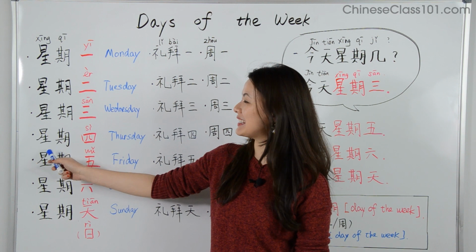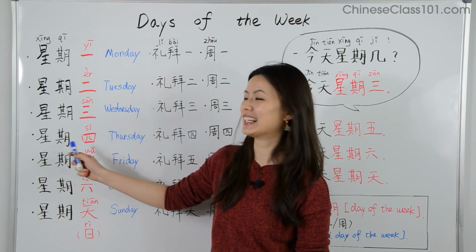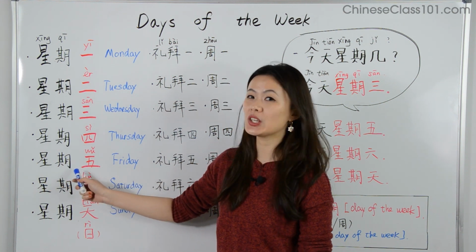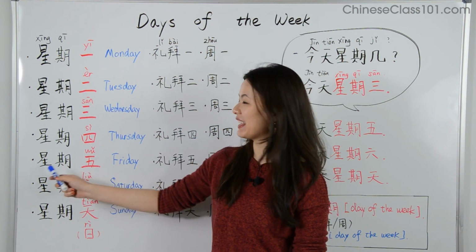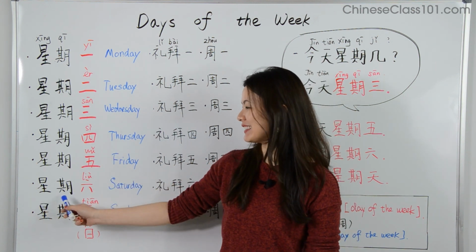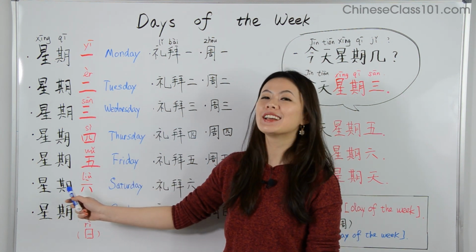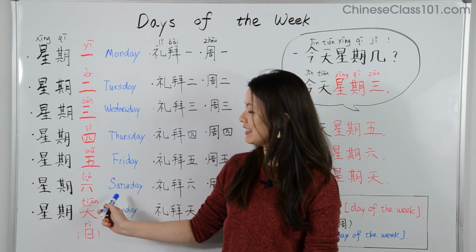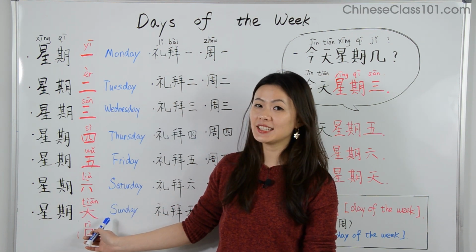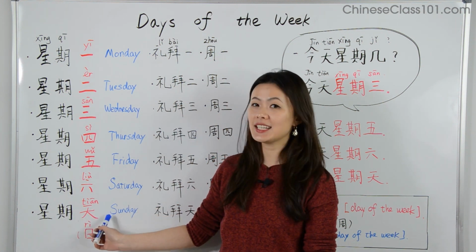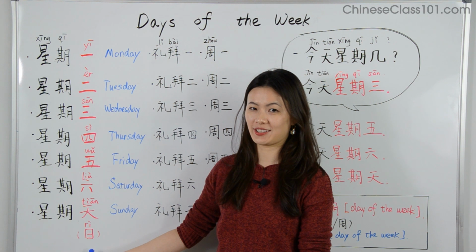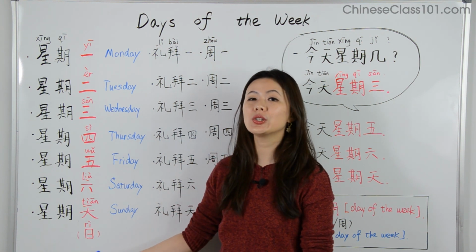And then 星期四, 星期四. 星期五 is Friday. 星期五. Saturday, 星期六. 星期六. And then Sunday, you can either say 星期天, 星期天, or 或者星期日, 星期日.